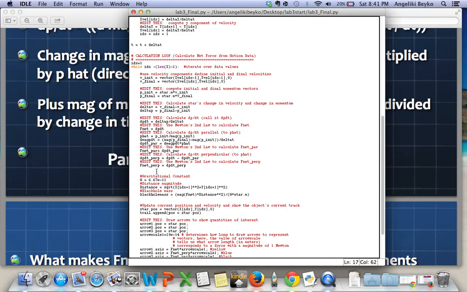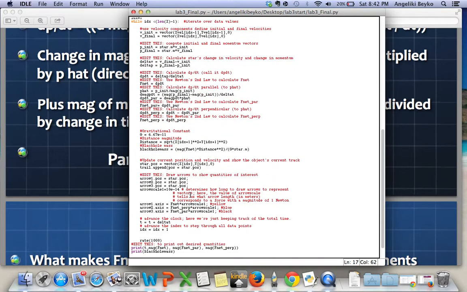Then here we break it down into the parallel and perpendicular components. From there we have F net perpendicular, the perpendicular component of F net. Okay, this is the gravitational constant.